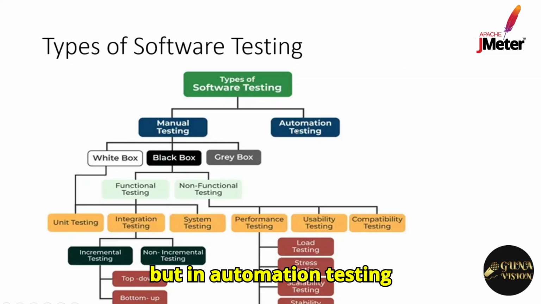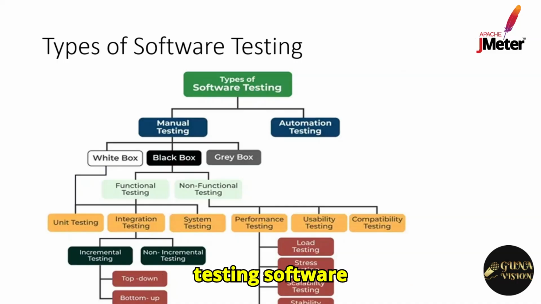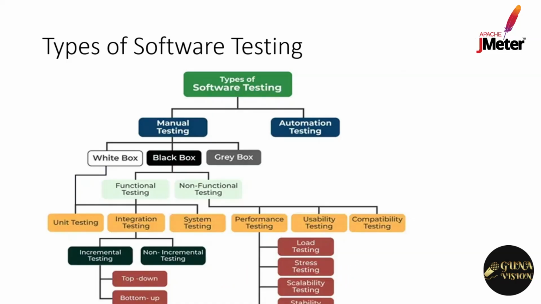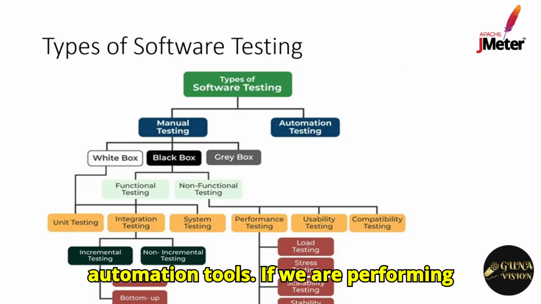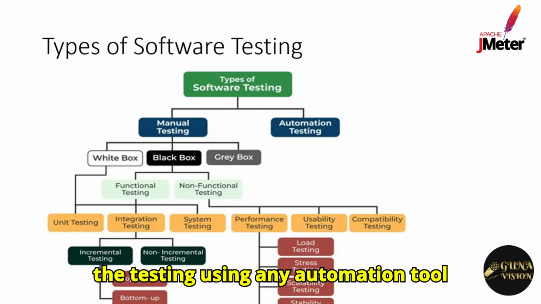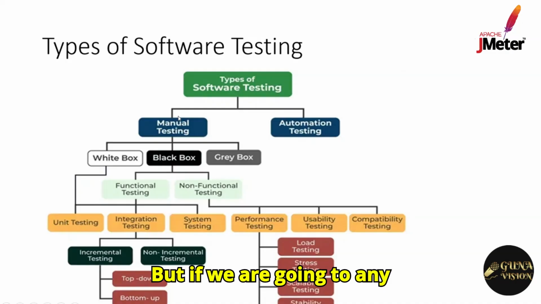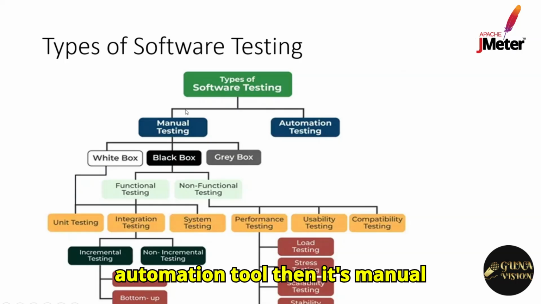But in automation testing, there is use of automation testing software, for example Selenium WebDriver, Playwright, QTP, NeoLoad, LoadRunner, JMeter. There are many automation tools. If we are performing testing using an automation tool, it is called automation testing. But if we do testing without any automation tool, then it's manual testing.